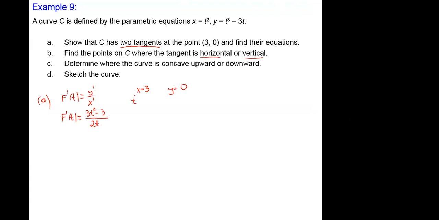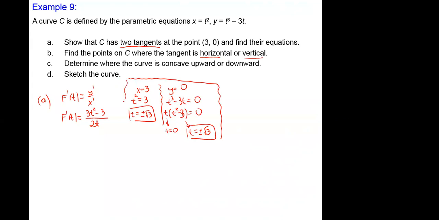X is t squared, must be 3, then t is plus or minus square root of 3. Y is t cubed minus 3t is 0. I can factor out t, and we can see I have 0, and positive and negative square root of 3.